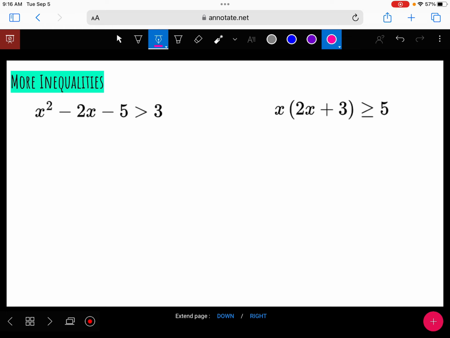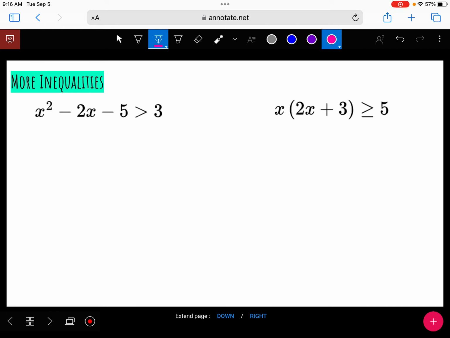So before we start trying to just jump into factoring, it's not going to be easy to tell whether or not it's greater than 3, is it? It's really easy to tell when things are positive versus negative. So make it do that. Make it equal 0.